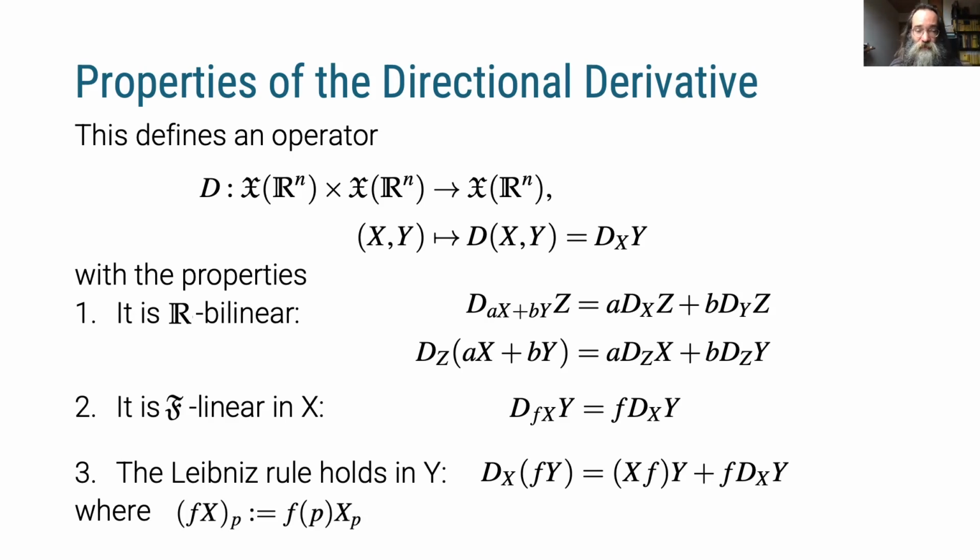But, and that's the asymmetry here, in y this does not work anymore. It's not f linear in y, but instead the Leibniz rule holds, which is a kind of product rule, which means that d sub x of f times y is just the vector field x applied to f times y plus f d_x y. So you get this additional term that makes this second entry not f linear.